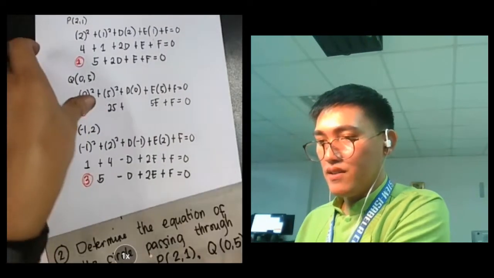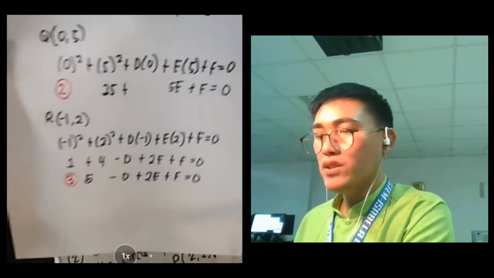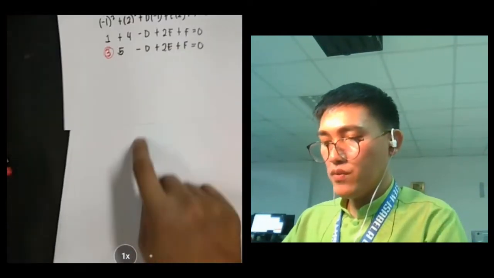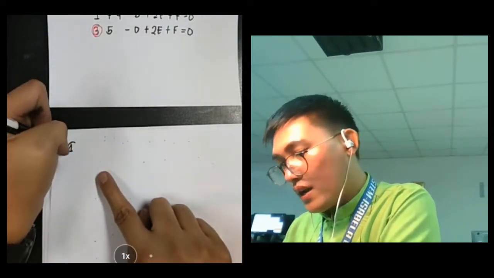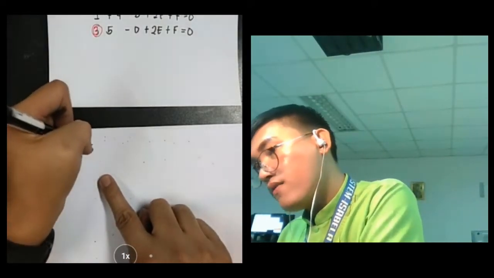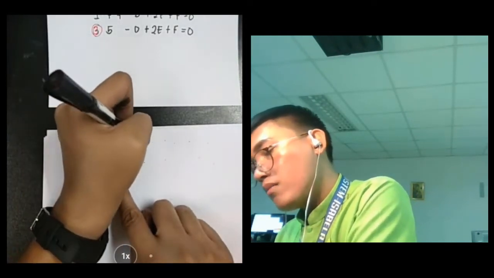Alright, so we will be combining equations 1, 2, and 3 together, and we will be removing one variable from them. So let us rewrite on another sheet. For equation 1, we have 5 plus 2d plus e plus f is equal to 0.